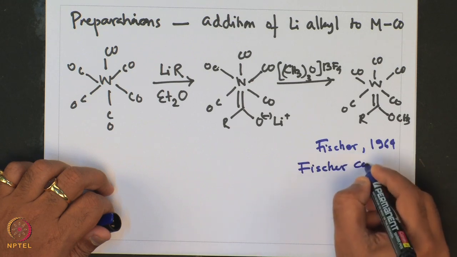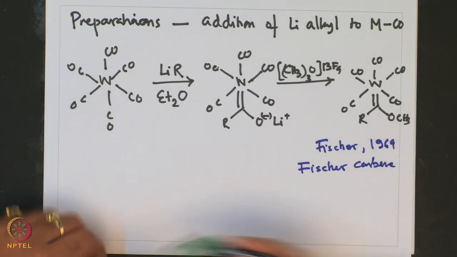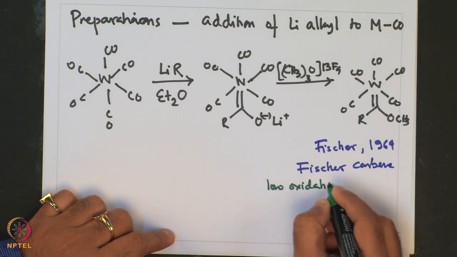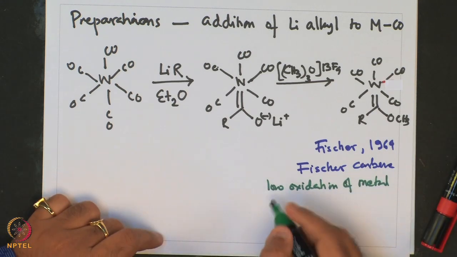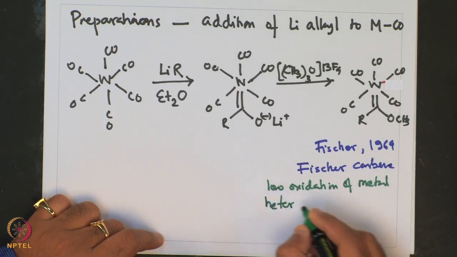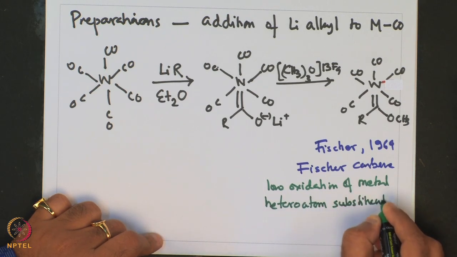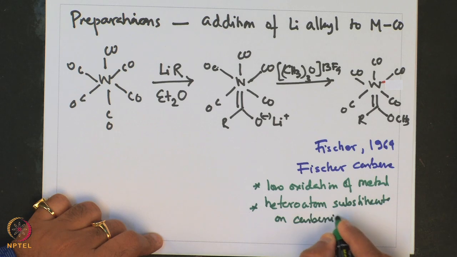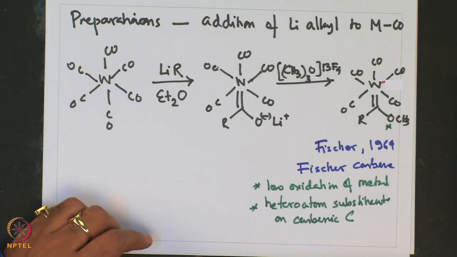The hallmark of Fischer carbene is the low oxidation state of metal and heteroatom substituent on carbenic carbon. So, over here this is the heteroatom substituent on carbenic carbon.